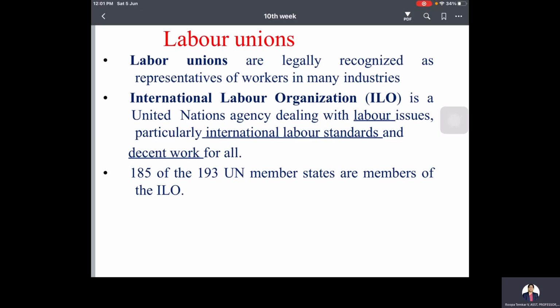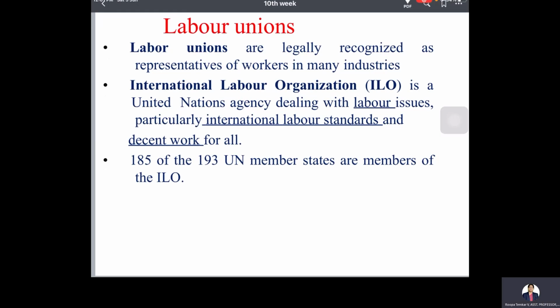The response of labor unions to multinationals has been threefold: to form international trade secretariats, that is ITSs, to lobby for restrictive national legislation, and to try to achieve regulation of multinationals by international organizations. And even we could see the non-union worker representations also in the practices of IHRM.